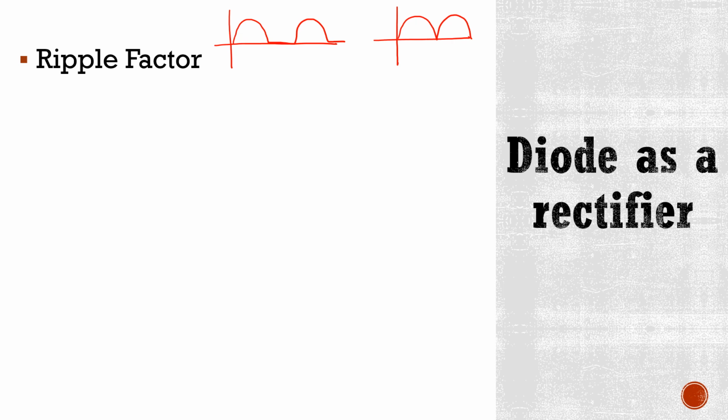As you can see, these outputs are not DC, that is straight lines. Instead, they are pulsating DC with some AC variations. These are AC variations.